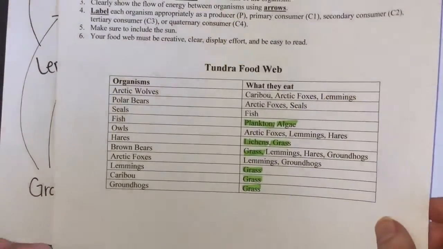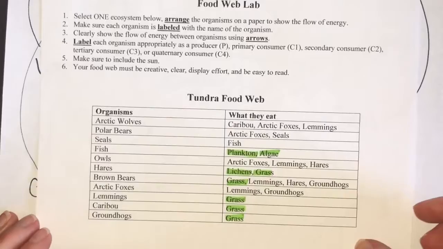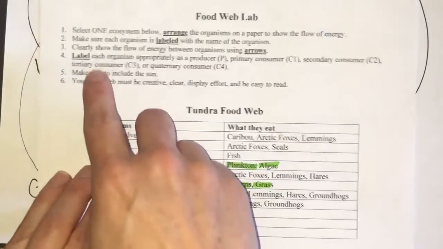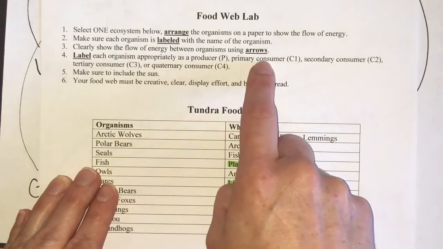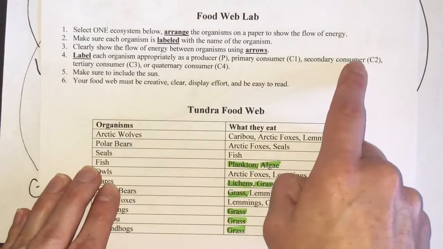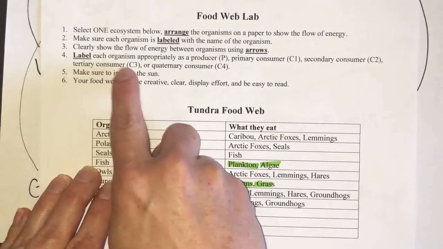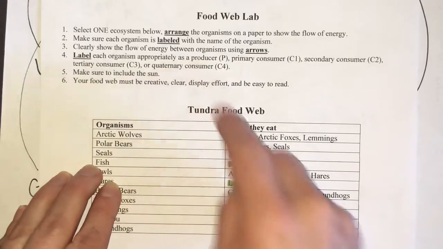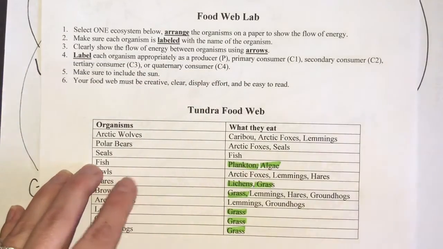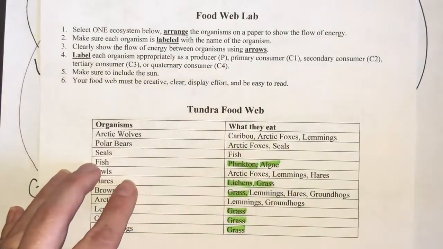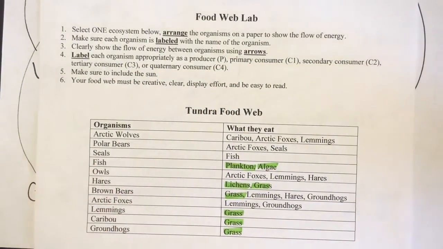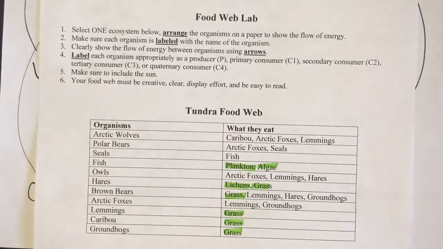Now, the last step before we have completely finished our food web is to label each organism as a producer, primary consumer, secondary consumer, tertiary consumer, or quaternary consumer. So, I'm going to be using these codes here just so that I don't have to write these long words all over my food web.